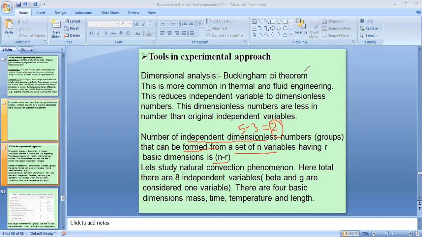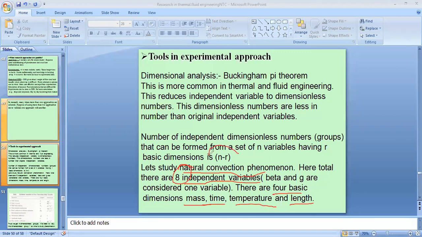I have given one example here: the phenomenon of natural convection. In that there are 8 independent parameters, and there are 4 basic dimensions: mass, time, temperature, and length.